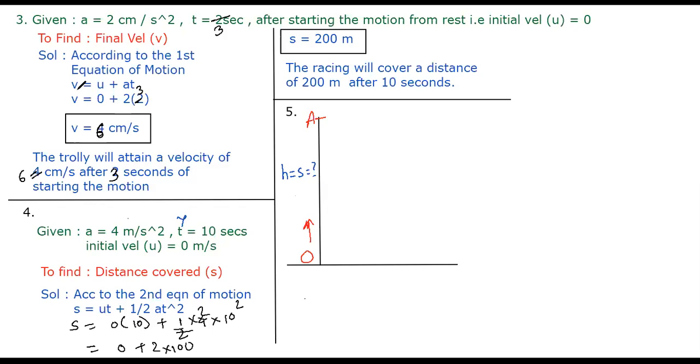One more quantity we know. Who will tell me which is the other quantity that we know? Acceleration. Write it down, given. I'm writing. Initial velocity u is given, 5 meter per second.